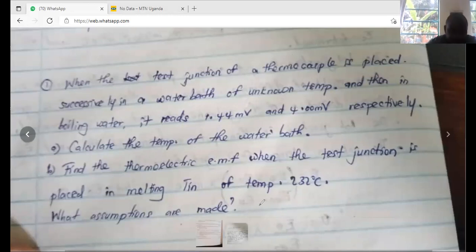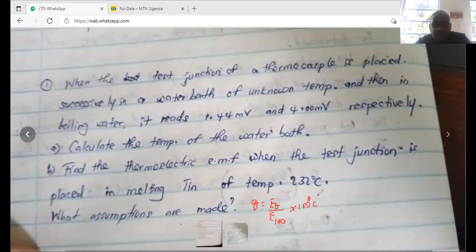So the first case, the temperature of the water bath can be got from E theta out of E at 100 times 100 degrees Celsius. The reason why we have not used E theta minus E theta naught is because E theta naught gave us an EMF of 0, since the temperature difference was 0 when we placed the junction in an ice water mixture on this side and another ice water mixture on the other side.